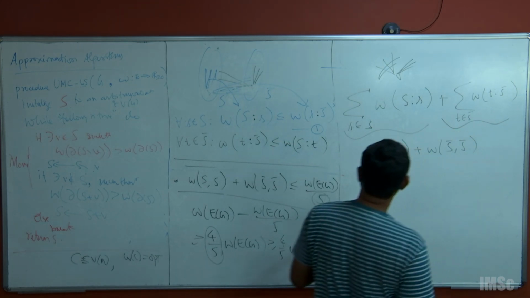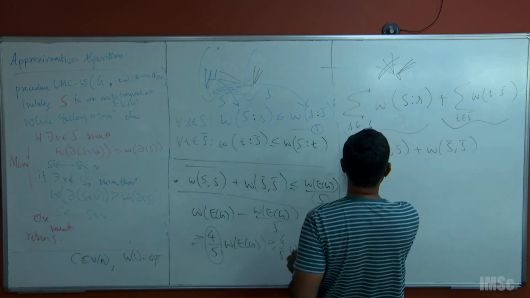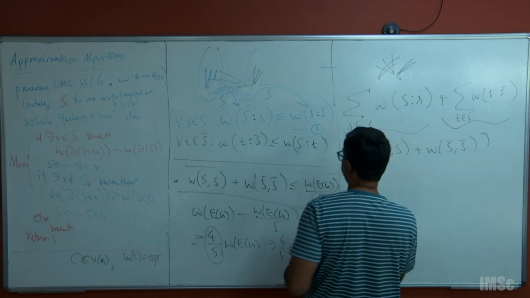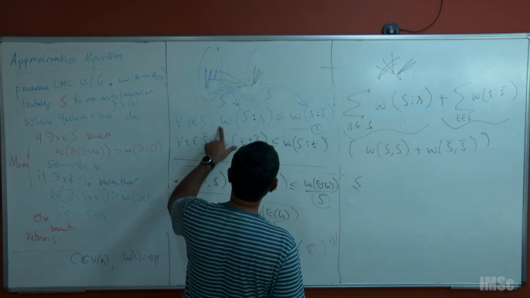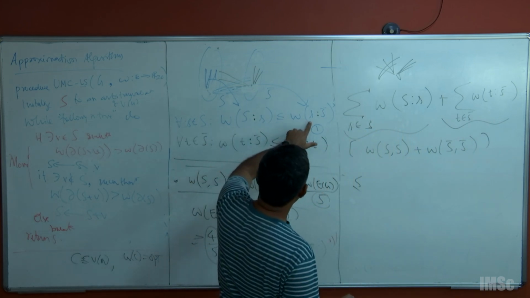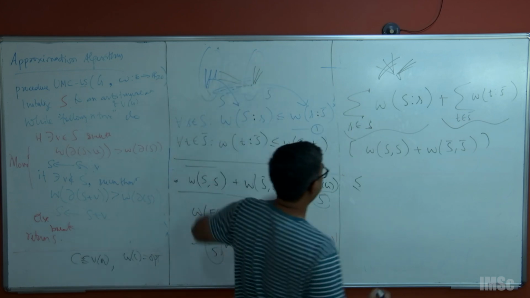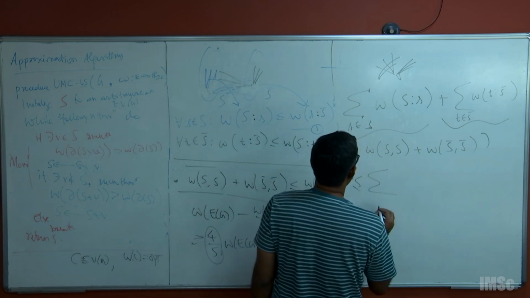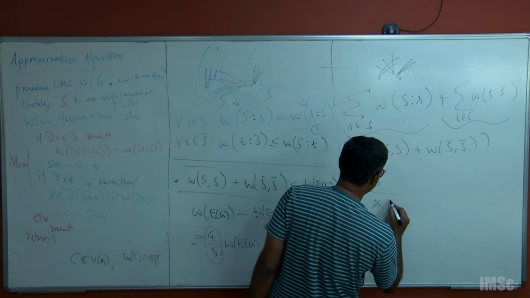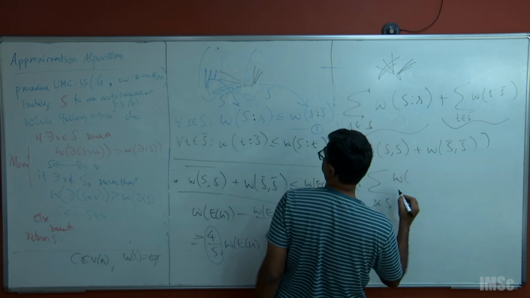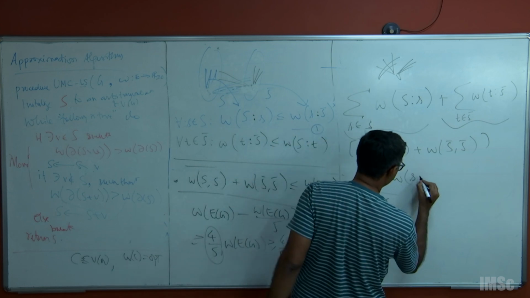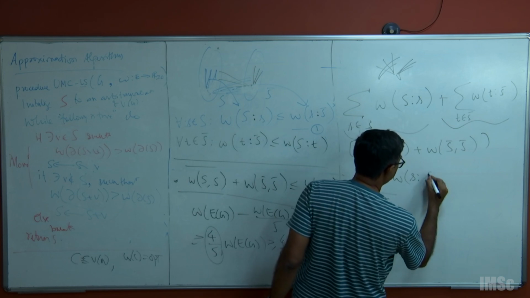Okay. So this is what the left hand side is, but this is less than or equal to, each term is less by what? S to S bar, S to S bar. So this is the summation over s in S of the weight of S to S bar.